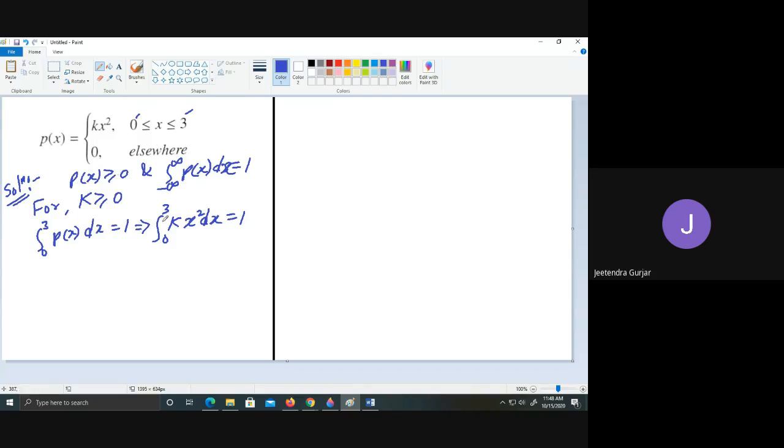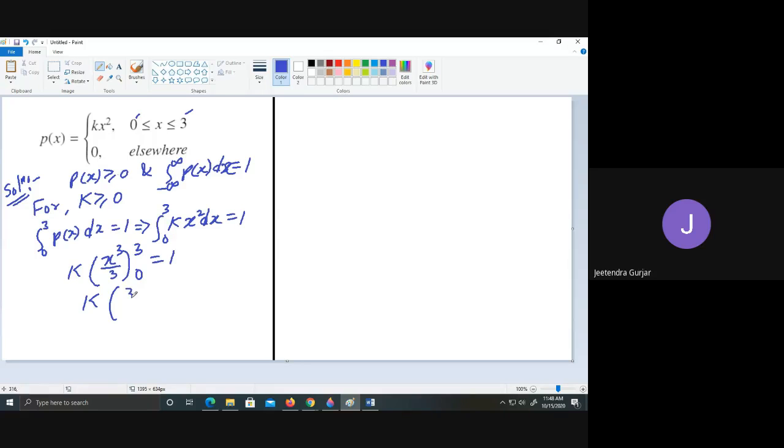If I substitute this, students, k is a constant, so I'll write k outside, and the remaining is the integration of x square. As you remember, the integration of x square is x cube upon 3, from 0 to 3, equal to 1. You can also put it in the calculator. So x is 3, and at 0 it is 0.